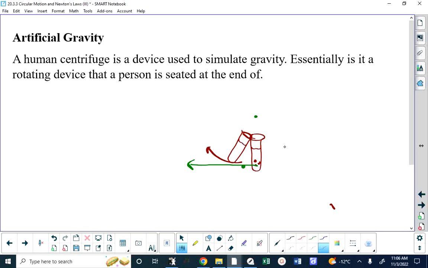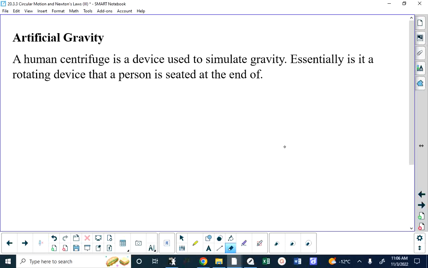This is one of the things we're going to have to grapple with in this unit. A human centrifuge is putting a person in that position. And usually, at least when we're talking about test pilots and pilots learning how to withstand high G-forces, they're sitting in a chair. So you can imagine that I'm in this human centrifuge, and I'm spinning this way.